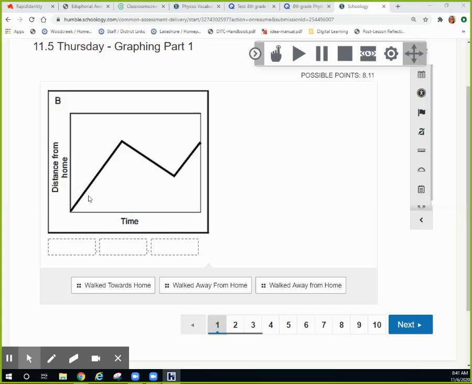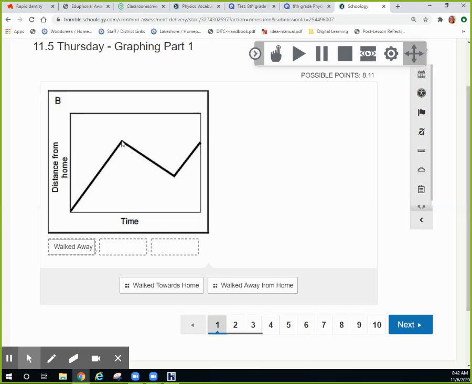So the direction of the line indicates their distance increasing from home, or from 0, over a period of time. So we will describe this line as walking away from home because the distance from home has increased. This point is a very high distance from 0, okay? So they walked away from home.